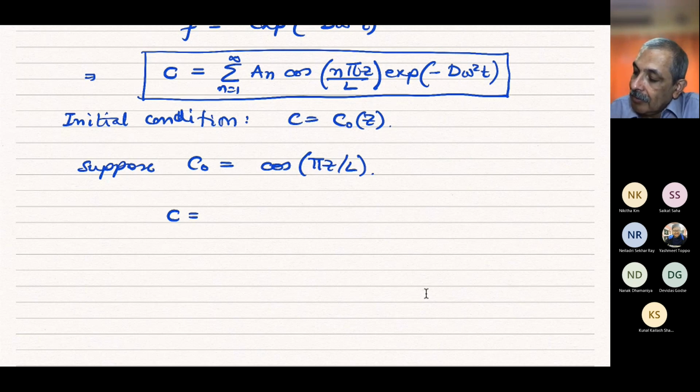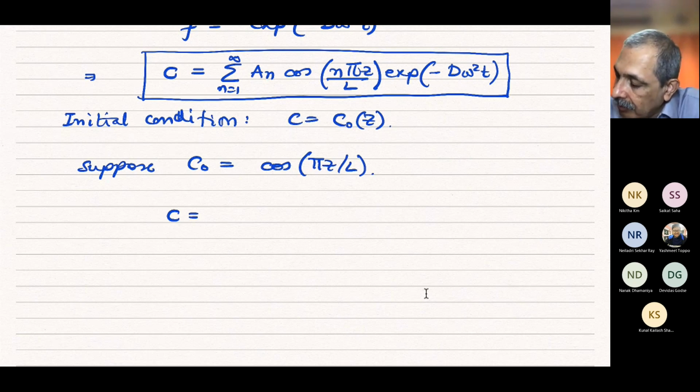And then if you match the terms at t equal to 0, this exponential term goes to 1. So you will essentially have A1 is equal to 1, and A2, 3, 4 all are 0.